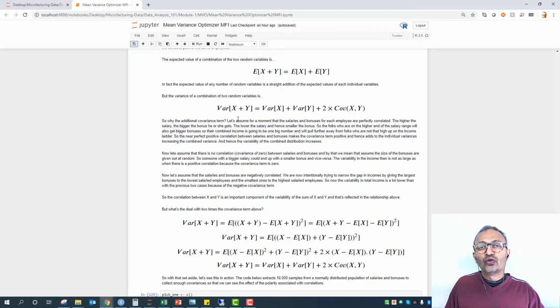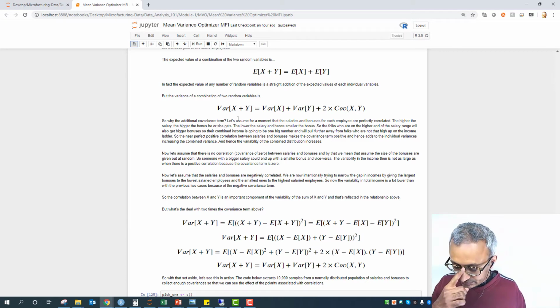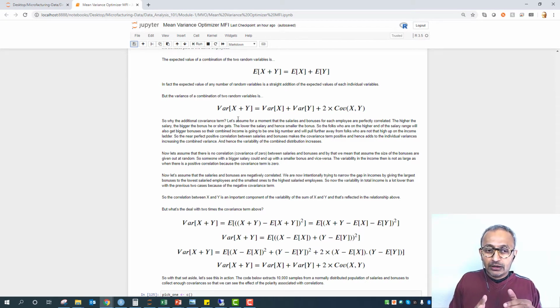The folks on the higher end of the salary range will also get higher bonuses, so they will pull further away from the mean. That combined income is going to be one big number and will pull further away from the folks who are not as high on the income scale. Makes sense, right?